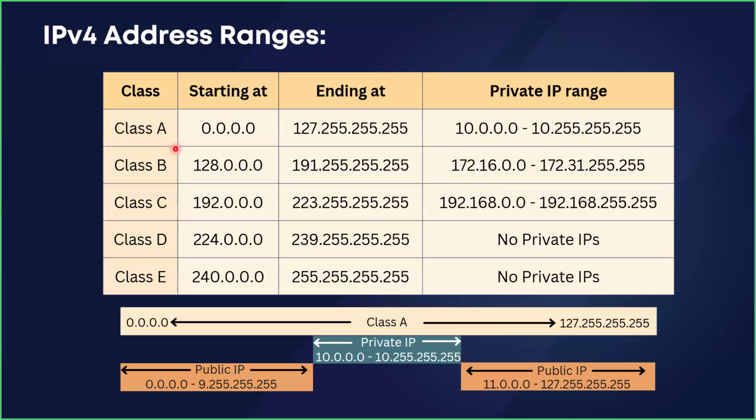If it's a private IP in that log, you can understand that this is a local network connection. So if you have an attack from that IP, it means the attacker is in your own local network. If it's a public IP, it means the attack came from external networks. The attacker is not in your network, he's from the internet. So understanding which IP is public and which IP is private and which class it falls under is very, very important.